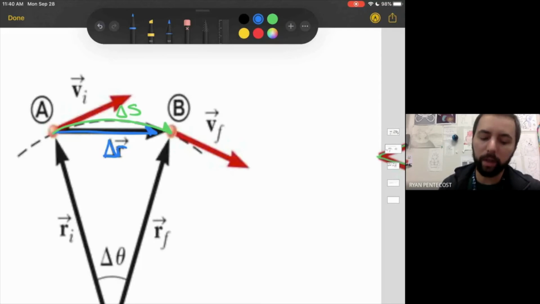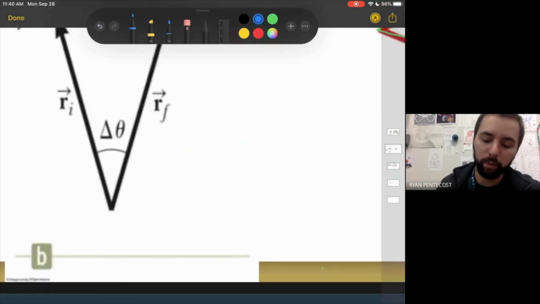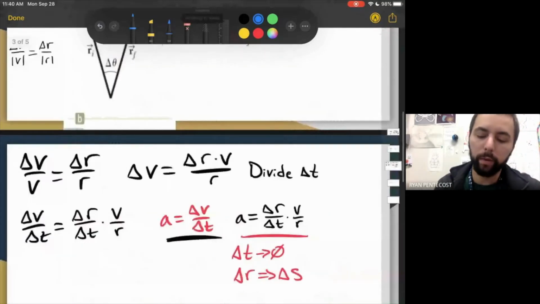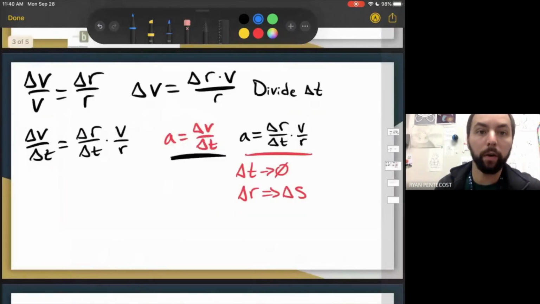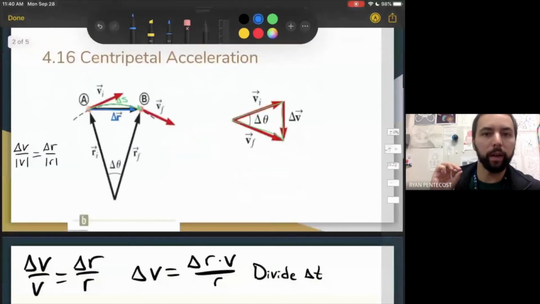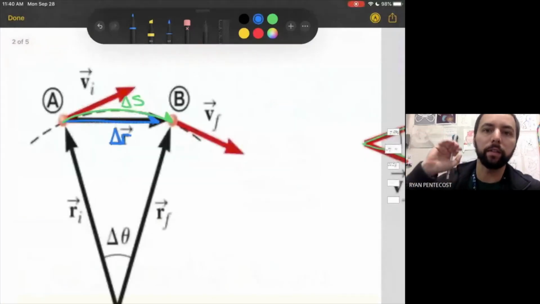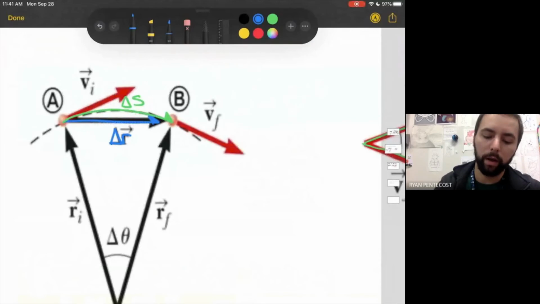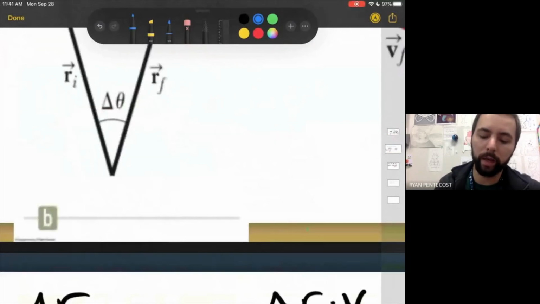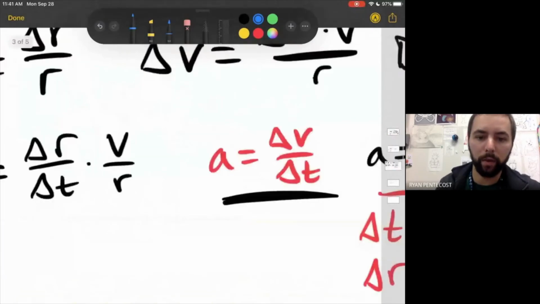So if we take the derivative, if we make the assumption that delta T is approaching 0, then we could say that that delta R is now a delta S over that time, right? We wouldn't say that velocity changed across the blue line. If we take that derivative and look at it instantaneously, piece by piece, you could see that it actually went across the arc instead, which, making that assumption doesn't change the math a whole lot.